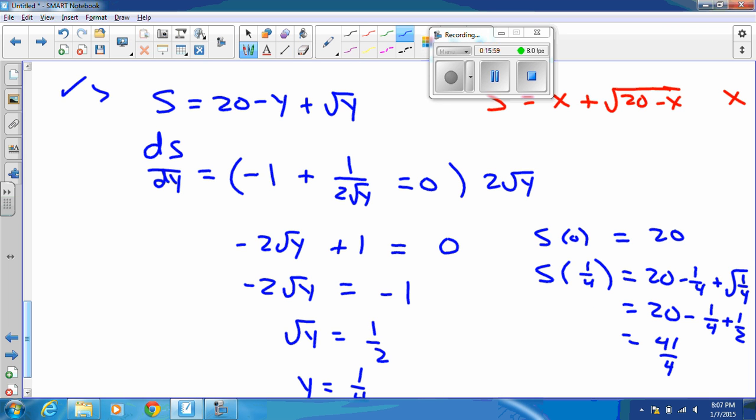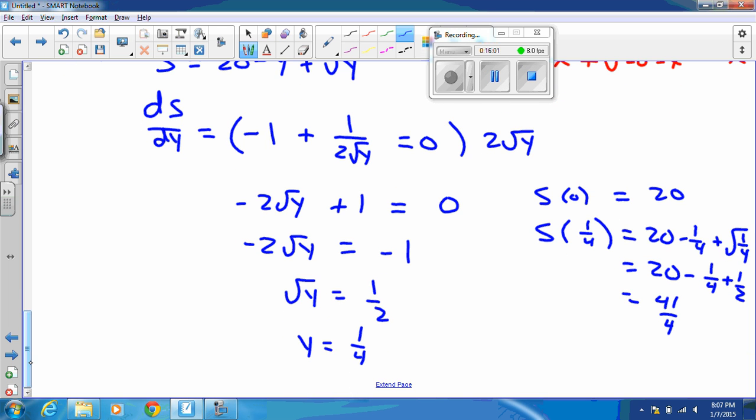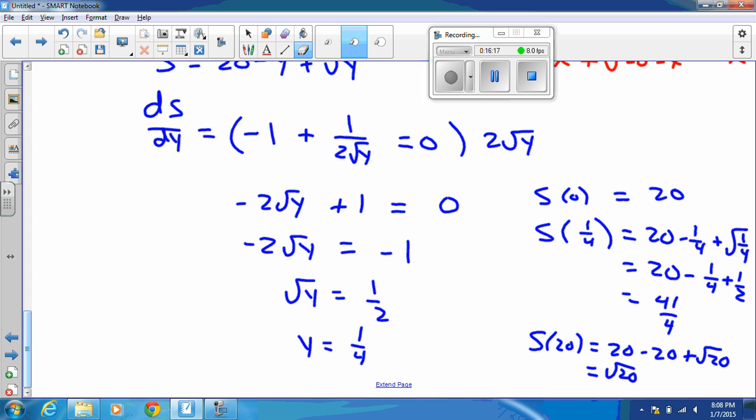And then finally, s of 20 is equal to 20 minus 20 plus root 20, which is equal to the square root of 20. I did this wrong earlier. This should be 81/4. Some of you at home were going, where is he getting that fraction from?